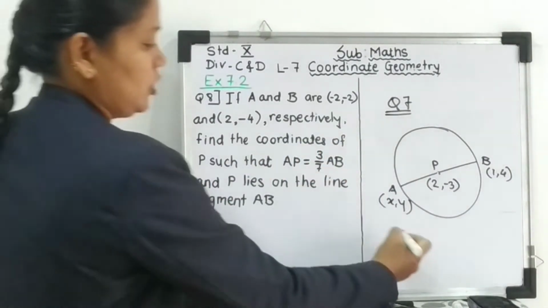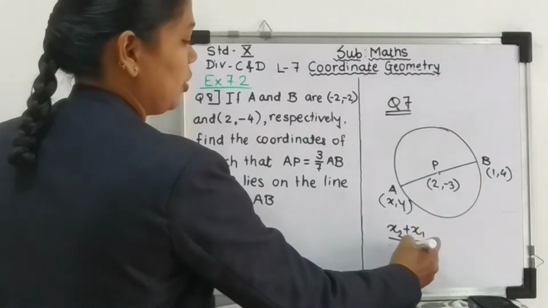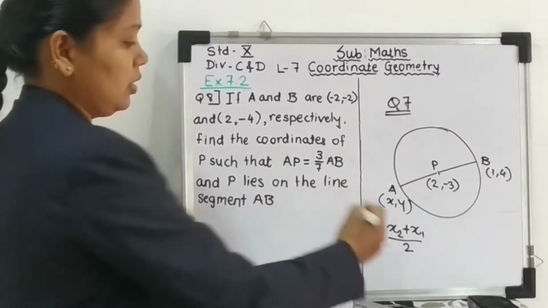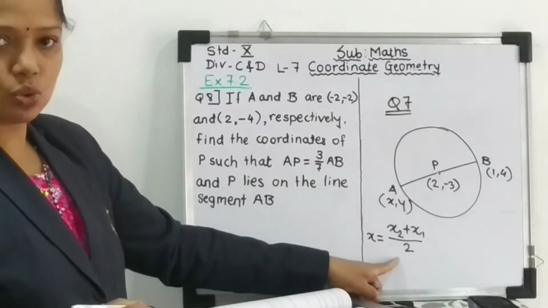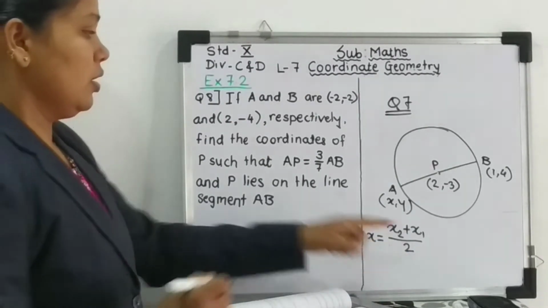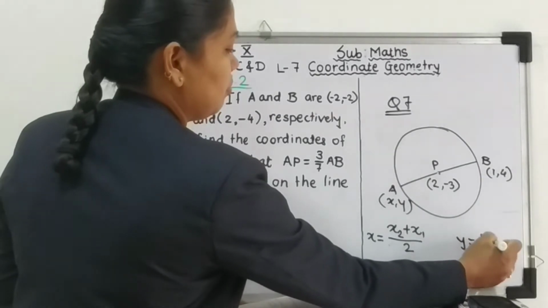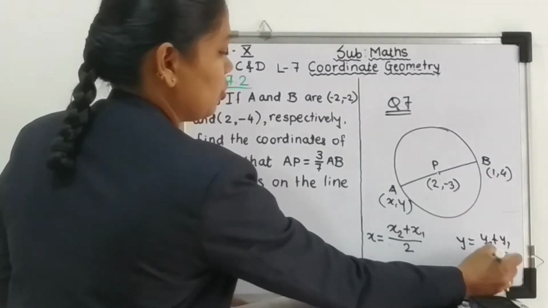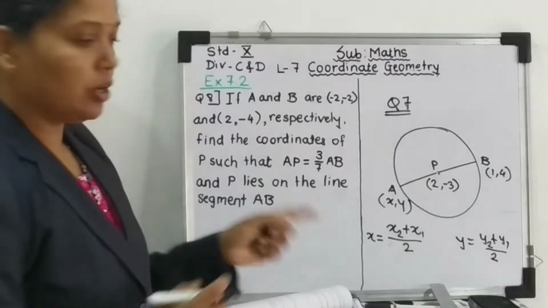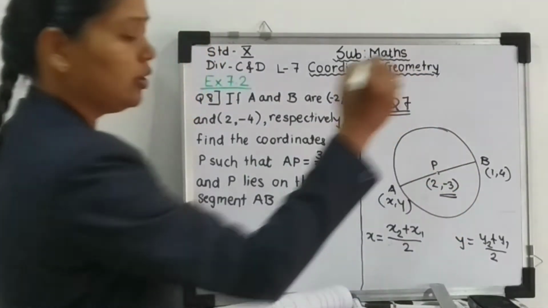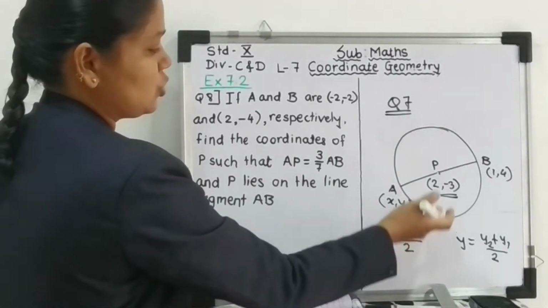Which formula are we using here? (x2 plus x1) upon 2 equals x, because this is the x coordinate, and for y, (y2 plus y1) upon 2. Put in the values: this x and y is nothing but 2 and -3.